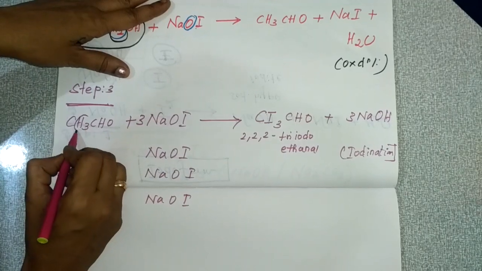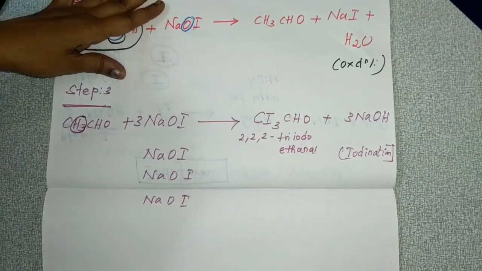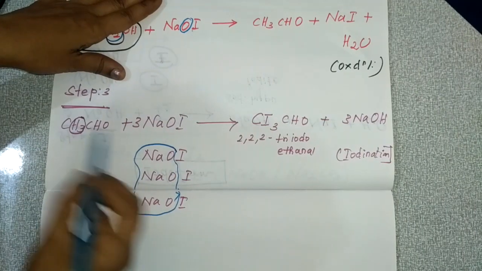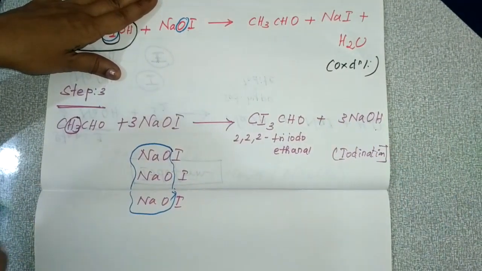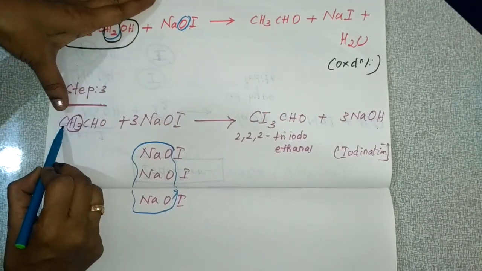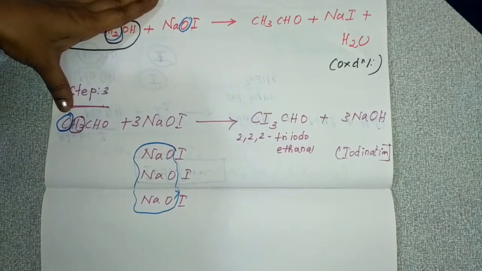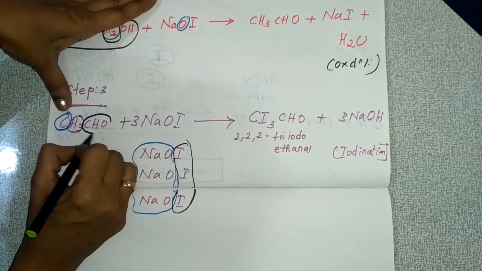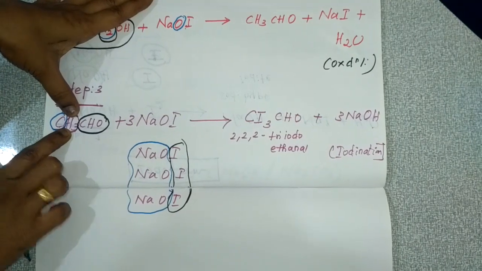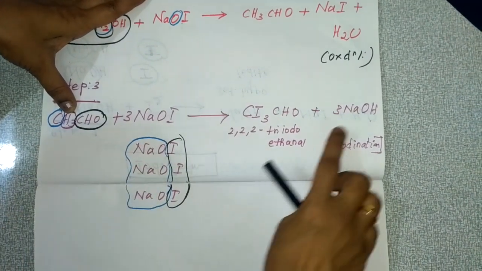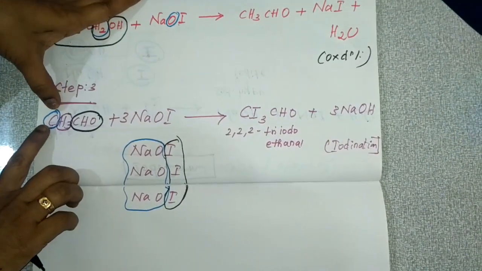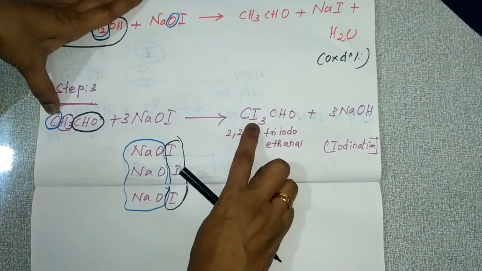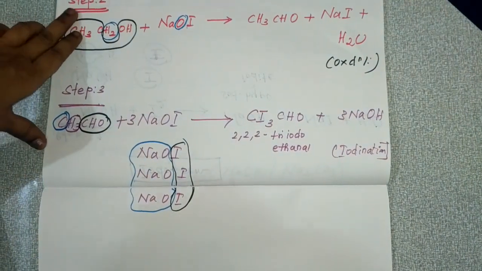These 3 hydrogens will combine with 3 NaO and get removed as 3 NaOH, and what remains is this carbon, I3 and CHO, and your product will be CI3CHO. So this is how triiodoethanol is formed.